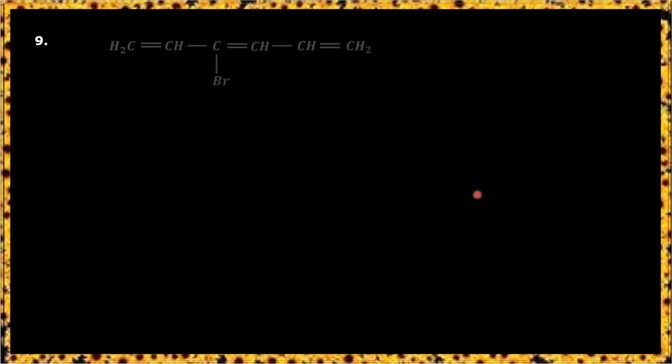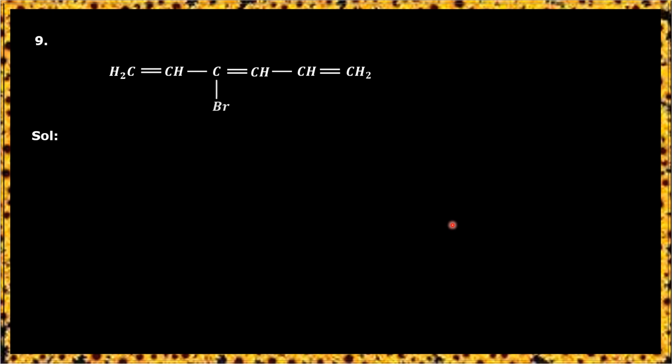Next, problem number 9. Solution. This is an organic compound containing 3 double bonds, 1, 2, 3. So this is the longest chain of carbon atoms. We have to give the numbering either from left to right or from right to left.